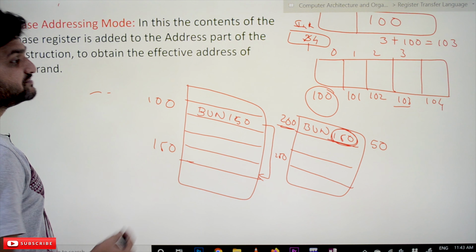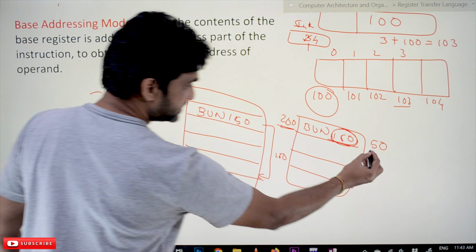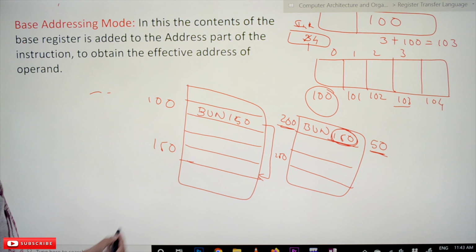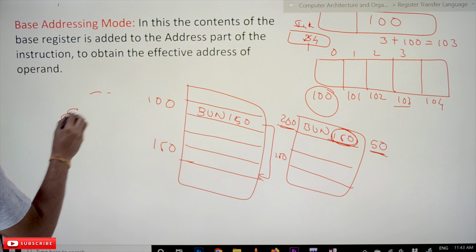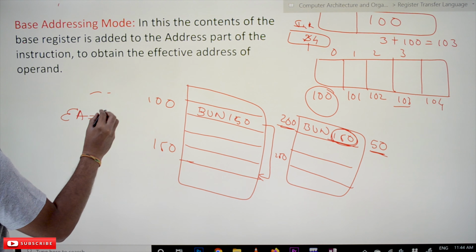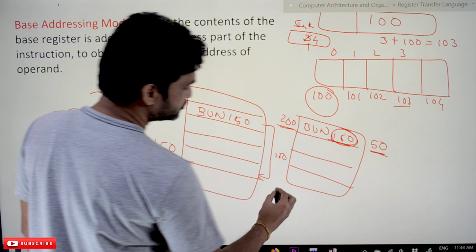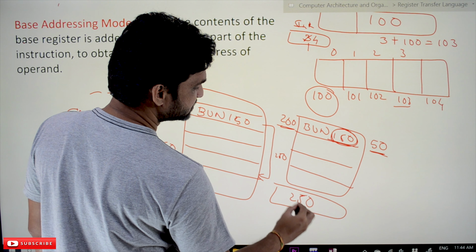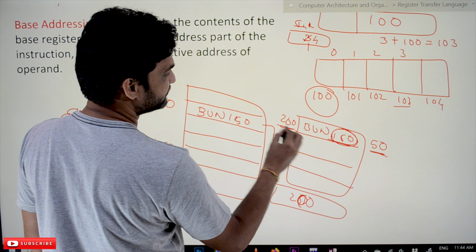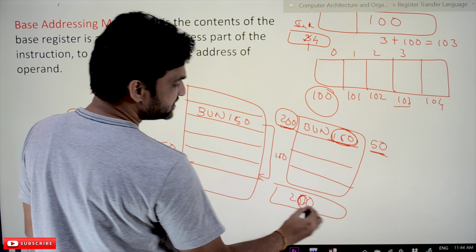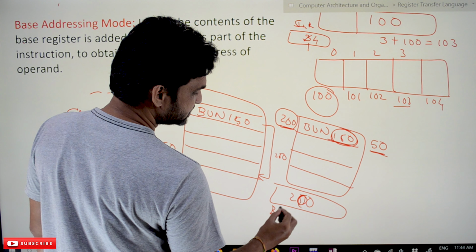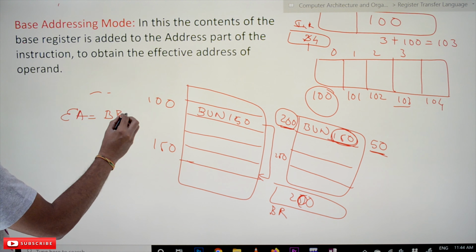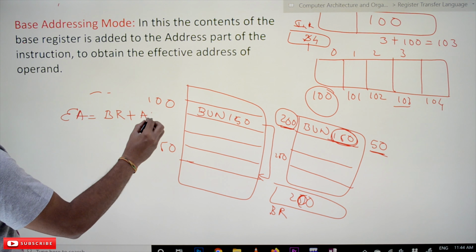How that can be done is, the address part should contain 50, and in order to get the absolute address, the effective address is going to be the base address plus the address part. We store the base of the program, meaning the starting location of the program, which is 200, in the base register, and the effective address is the base register plus the address part.